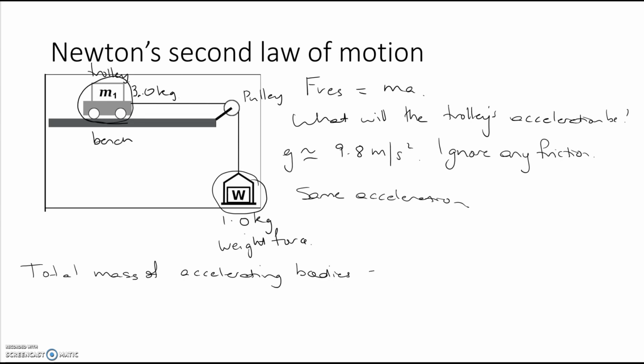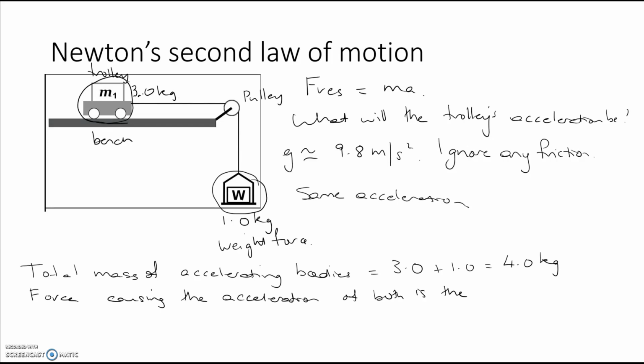So that'll be the 3 kilo mass plus the 1 kilo mass, which would be 4 kilos. Now, the force that's causing the acceleration is the one that's acting on the weight. So it's the weight force on the block or whatever it is at the bottom.